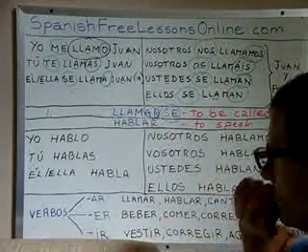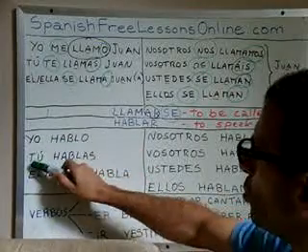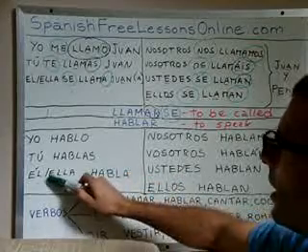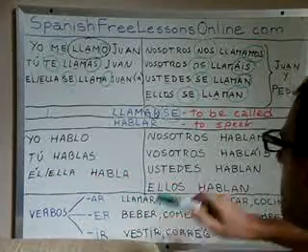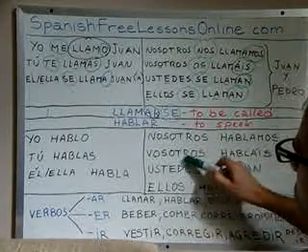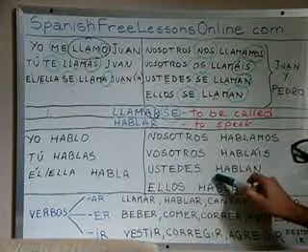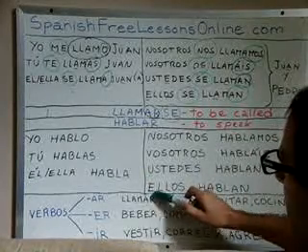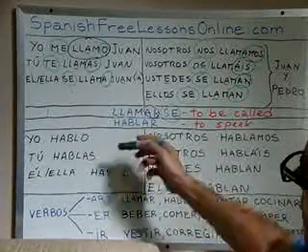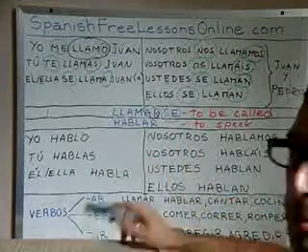So we have yo hablo, tú hablas, él habla or ella habla, nosotros hablamos, vosotros habláis, ustedes hablan, and ellos hablan. Okay, so this is the same conjugation, the same rule applies as with llamar.